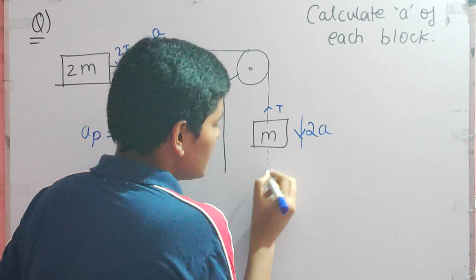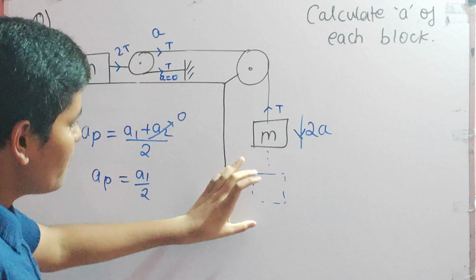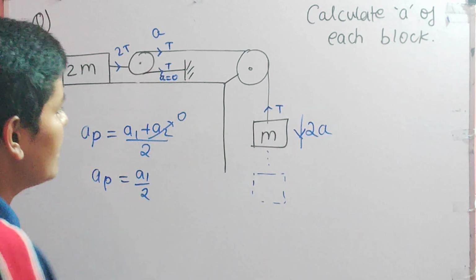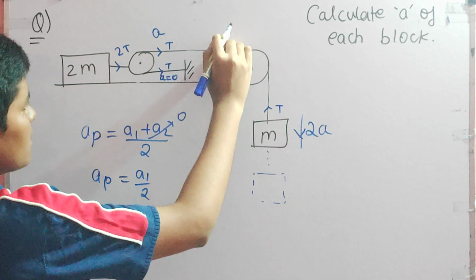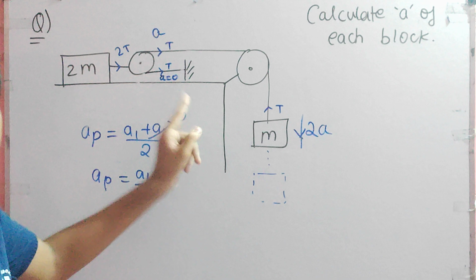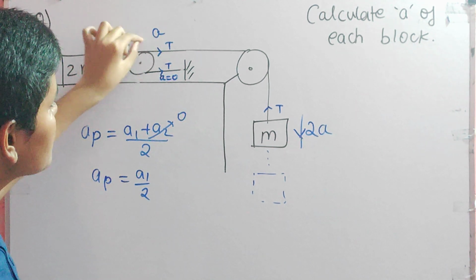After some time, this M block comes over here. If it took some acceleration A to come down over here, it needs string from here also. Now it will need string from this side also, but this side it is fixed. So the string won't be extending from this side, rather it will extend from this side more.